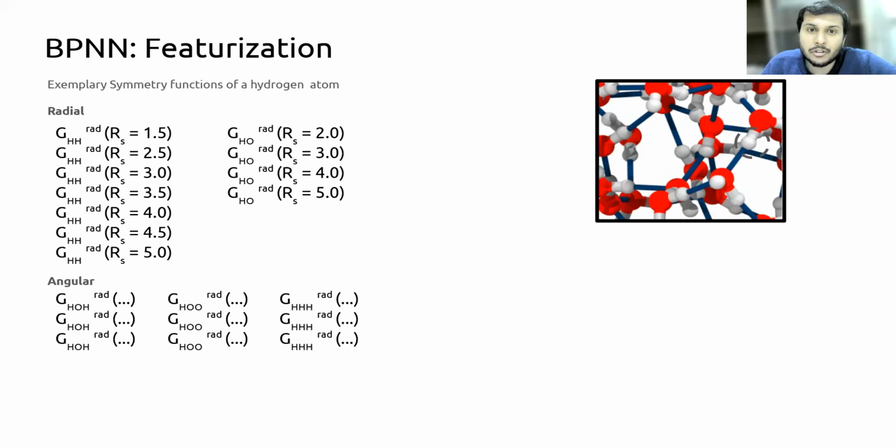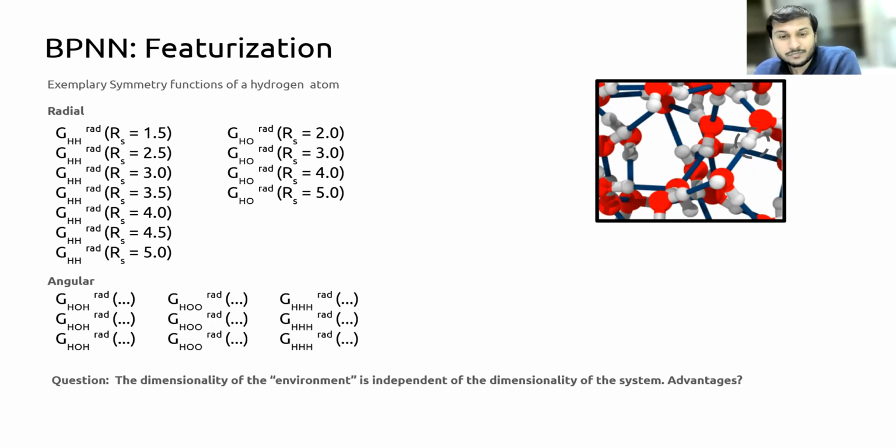And based on that, from just the position of one atom, you're going to define a 19-dimensional vector that gives you a sense of the local environment of this hydrogen atom. And the way you give a sense of this local environment is by doing these rough histograms, by counting how many atoms are around this particular central atom at these distances or along these directions and so on, right?